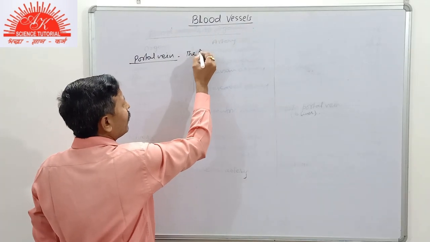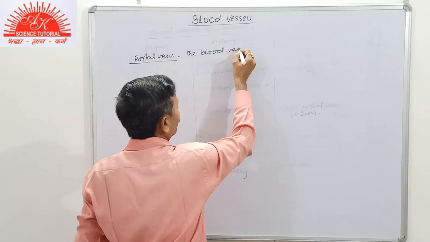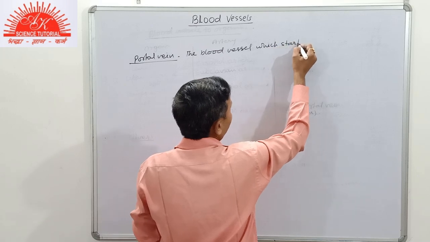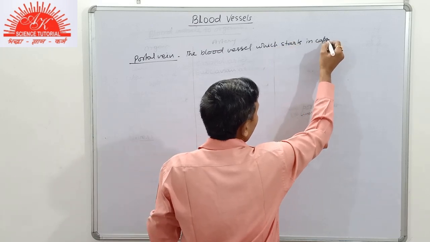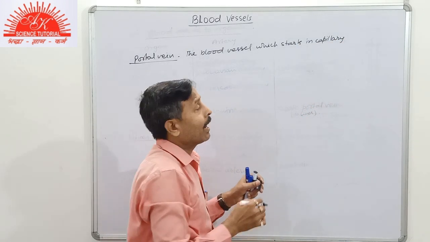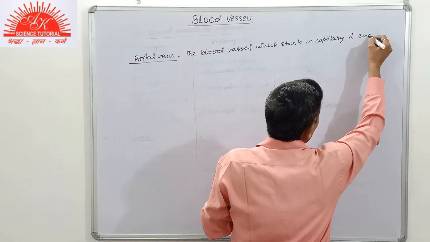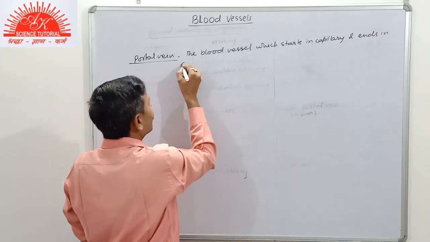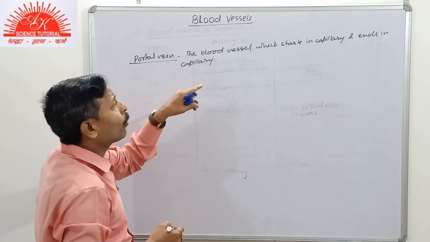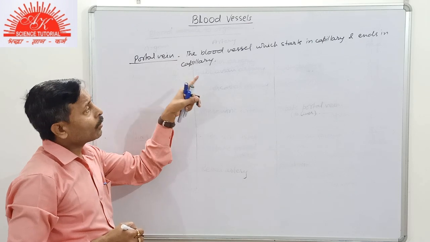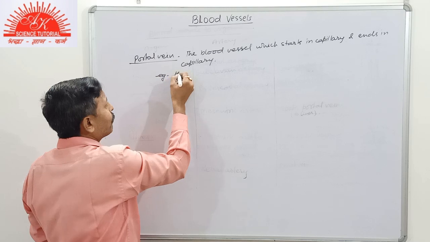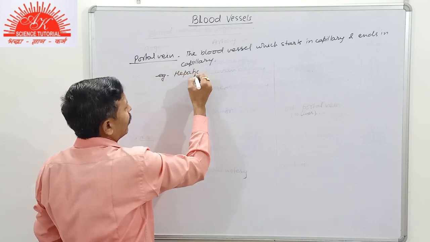The blood vessel which starts in capillaries, that is, it is formed by the union of capillaries in an organ, and ends in capillaries is known as portal vein. It means it starts from one organ and ends in another organ, and the best example is the hepatic portal vein.